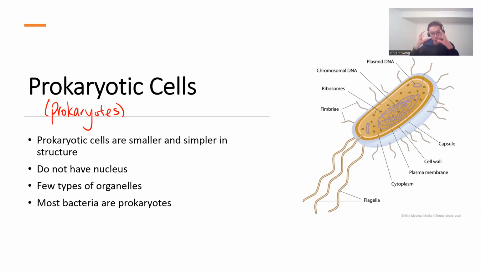It's not restricted within a nucleus. And they have fewer organelles. Bacteria are prokaryotes. So animal and plant cells are eukaryotes, and bacteria cells are prokaryotes. You don't have to memorize these labels, it's not important at this moment.